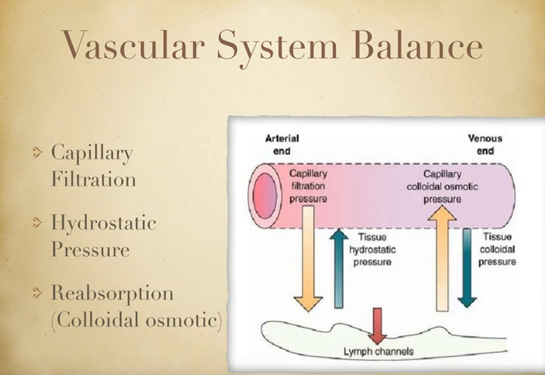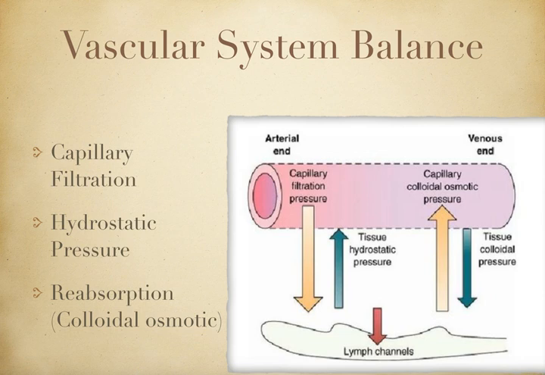Next is reabsorption. Reabsorption is awesome because it helps prevent too much fluid from leaving the capillaries. A colloid, for example albumin, which is a large protein that can't pass through the capillary wall, helps to hold water in the capillary because it's a water magnet.